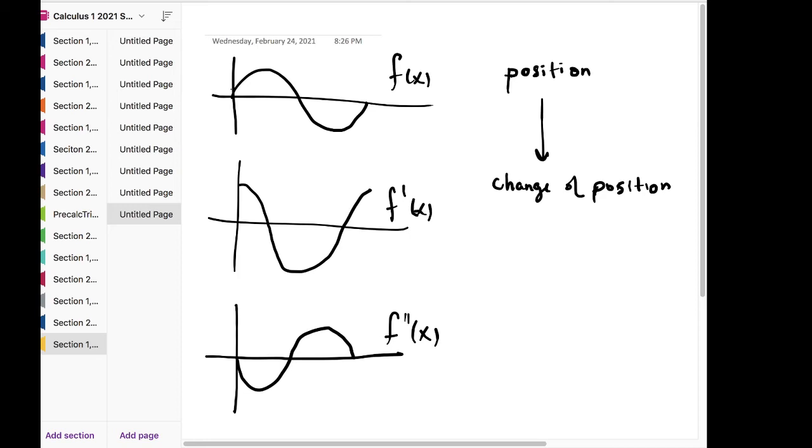Like, how do you measure? So okay, position, displacement. How do you measure change in displacement or change in position? What physics term is that?